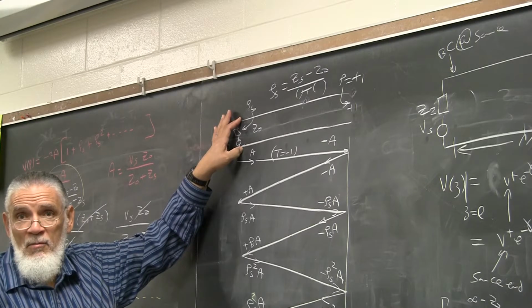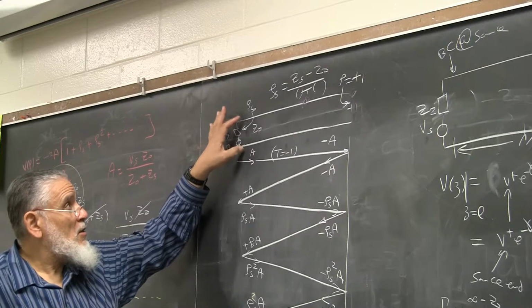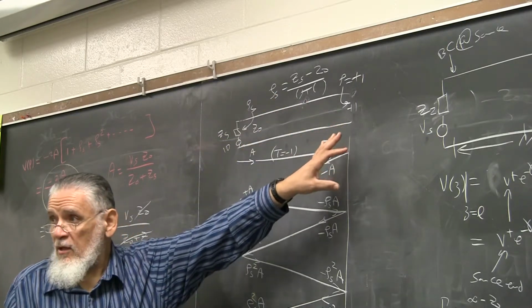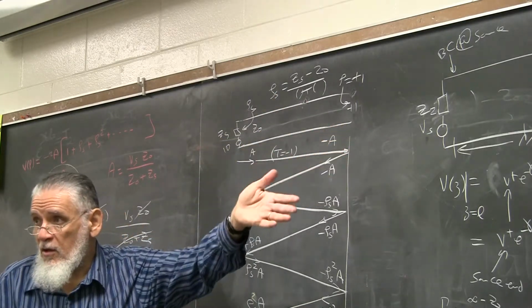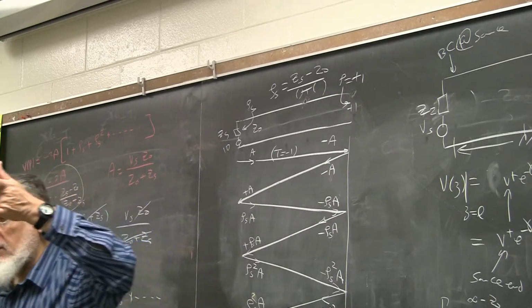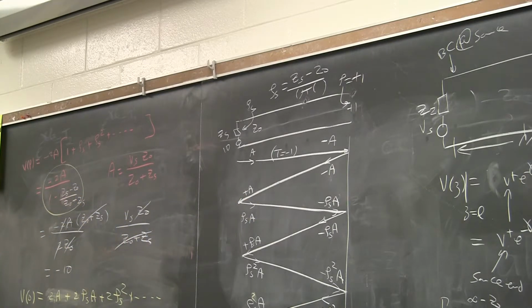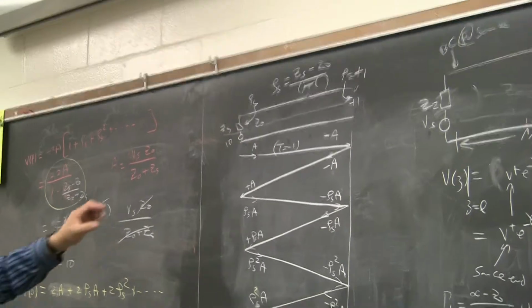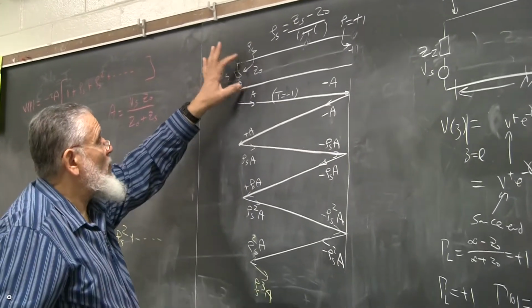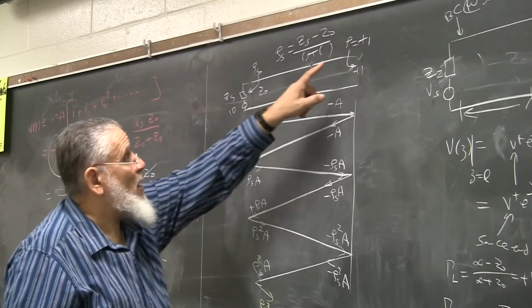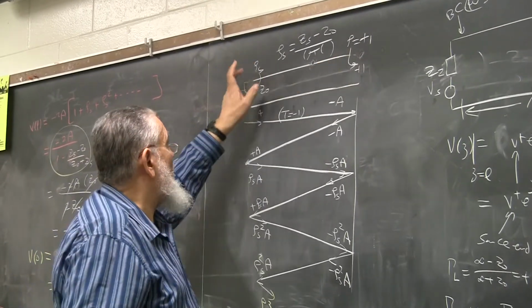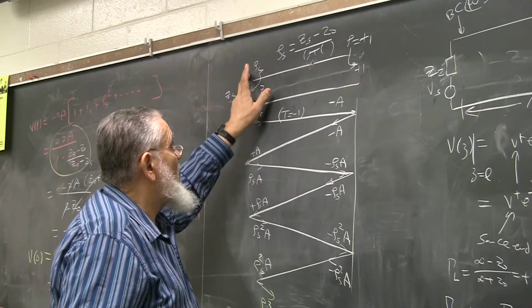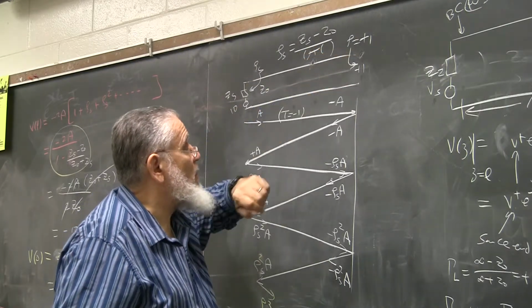And we know a lambda by 2 line shows the same impedance on the other end, but the voltage repeats every lambda, not every lambda by 2. The impedance repeats every lambda by 2, but the voltage repeats every lambda. So lambda by 2 away, the voltage should appear negative of the voltage at this end here. So if you have 10 volts here, and the current is 0 there, the voltage here is going to be minus 10.